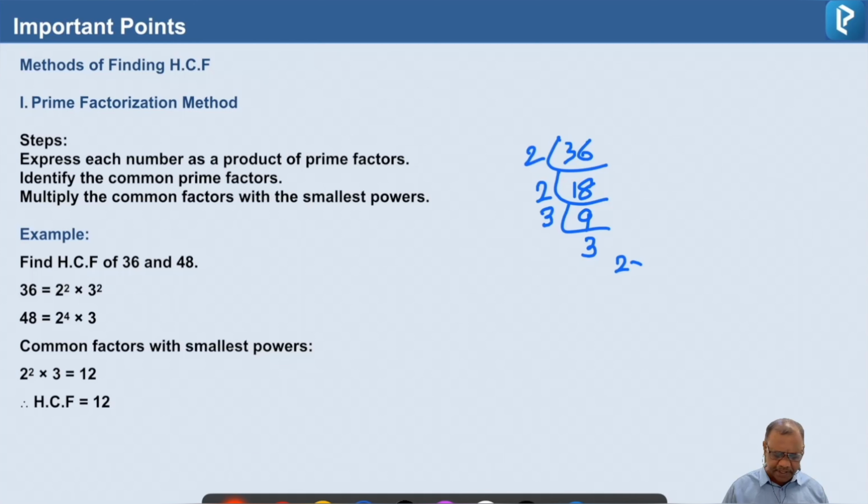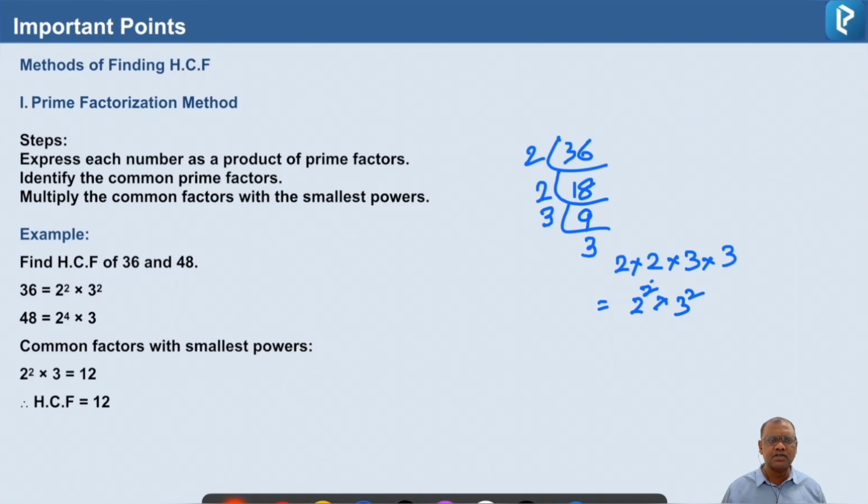So 2 multiplied 2 times and 3 multiplied 2 times. So this is the prime factorization. If you write in exponential form, it is 2 square into 3 square. So this is the prime factorization of 36.